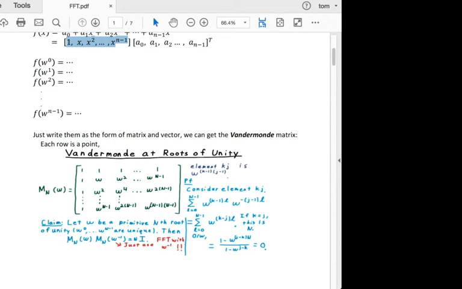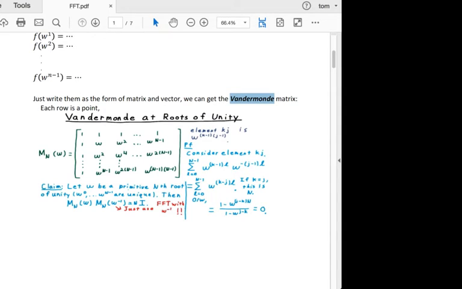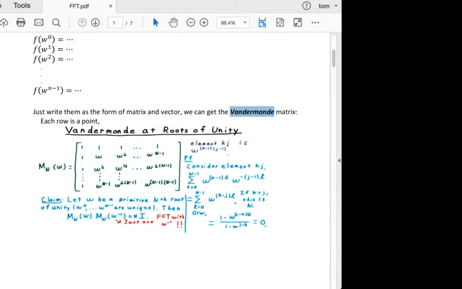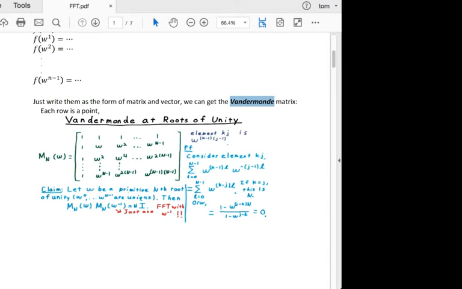This matrix is very important, and in the inverse FFT, it is very important for the proof. Each row of this matrix is a point, so we have n rows, then we have n points, and the right side is the vector of coefficients.